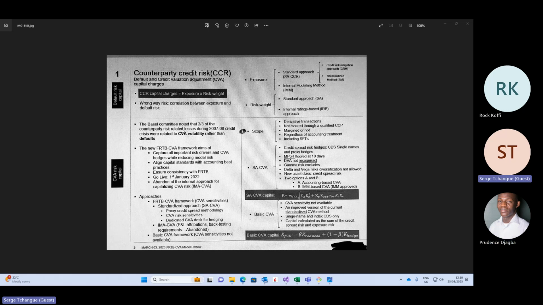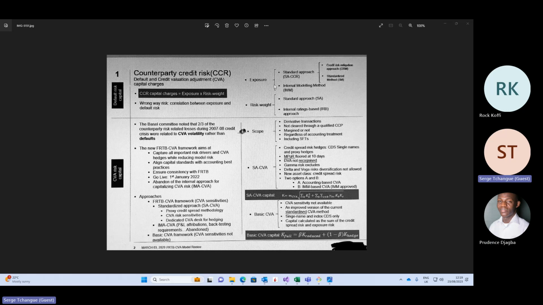So this is CCR. In the CCR, you have a risk which is exposure times risk weight. And there is a standard approach called SA-CCR, an internal method, another standard approach called SA, and an internal ratings based approach, IRB.